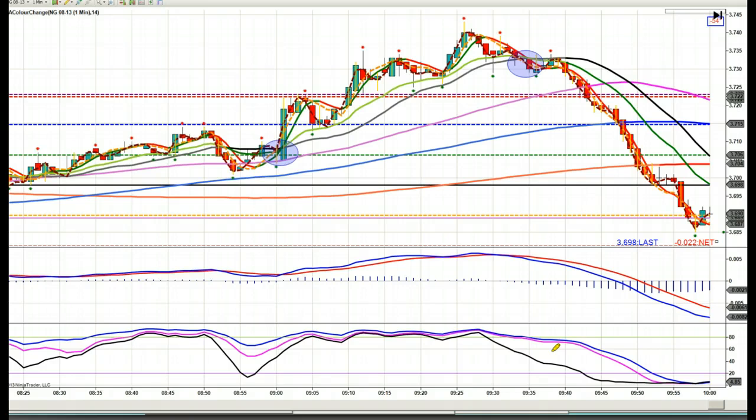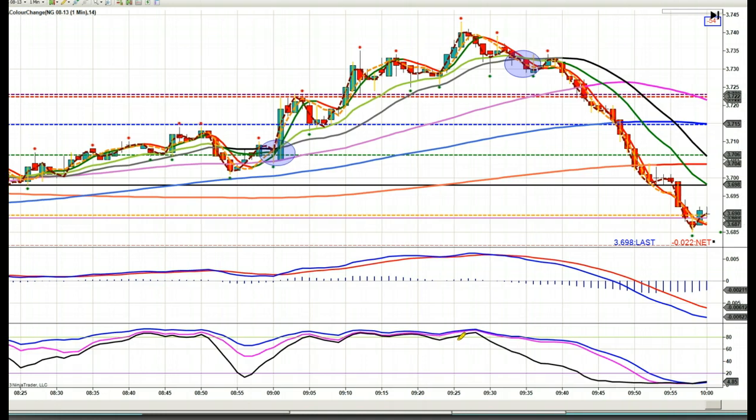But the first thing we want to look for is if the MACD is above the 0 line, which we call the center line. Center or 0 line, they mean the same thing. So the fact that the MACD is above the center line and the stochastics are at the top, at the 80 line, we're always looking for the 80 or the 20 line, tells us that we're really looking for an opportunity to go short.